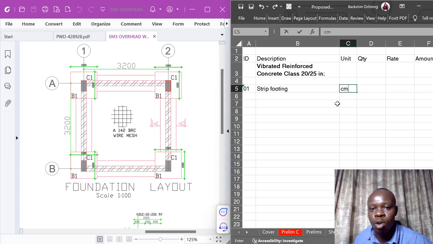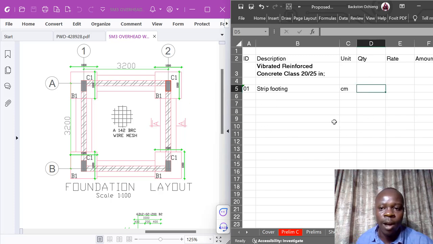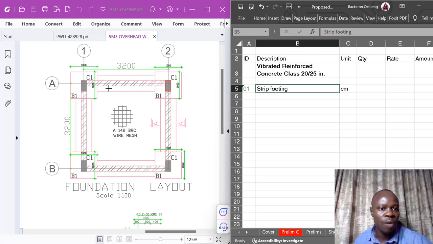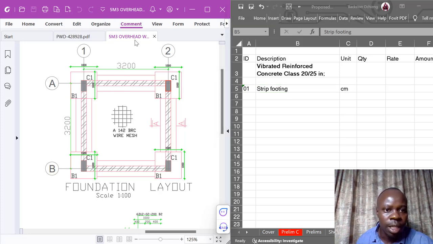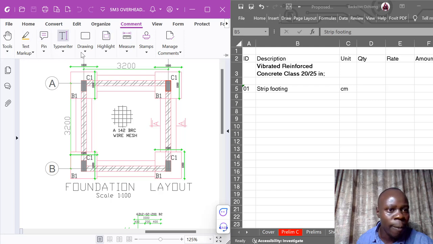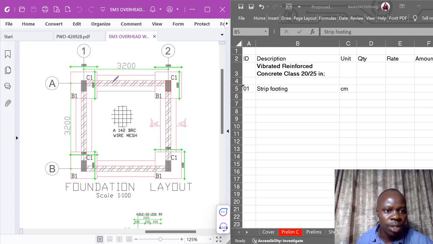You will see how important those units are going to help us when you are ultimately getting the material schedule. Then we are going to calculate very quickly the quantities of the strip footing. So of course, strip footing, as you note here, let me just draw so that you see.